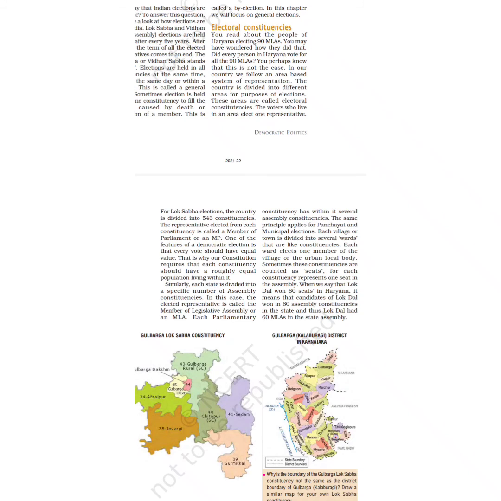When you say that Lok Dal won 60 seats in Haryana, it means that candidates of Lok Dal won 60 assembly constituencies. So when we read that Lok Dal won with the majority, that was 60 seats in the Haryana assembly, that means they have won 60 smaller areas in the assembly constituencies.